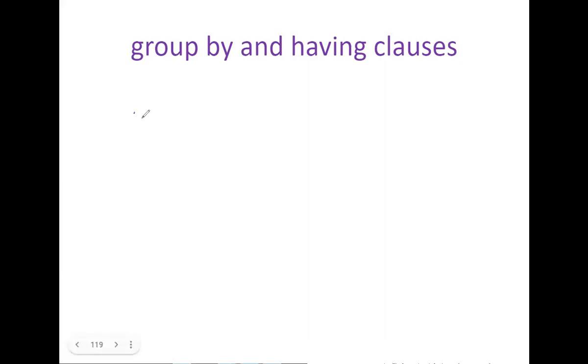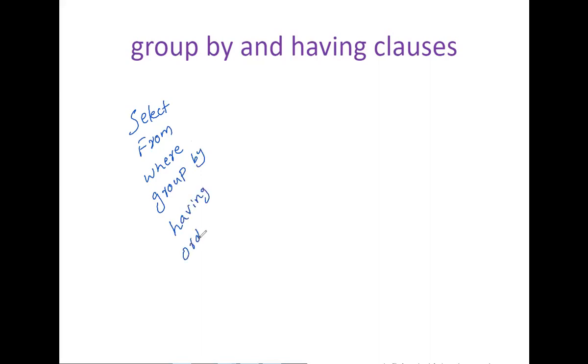So select, select list, then from table list, after that where condition, then group by, then having, then order by, right?